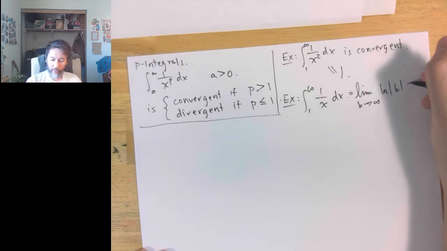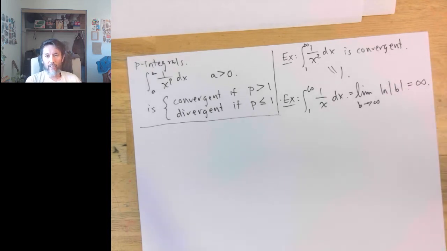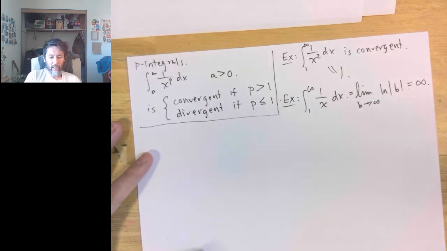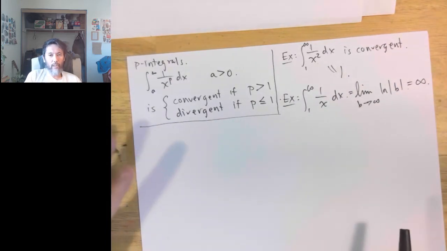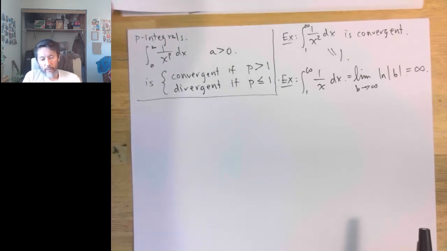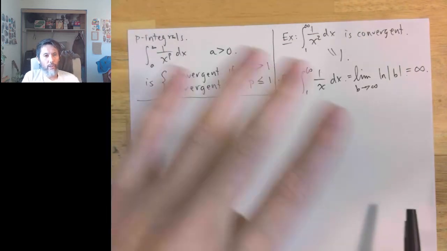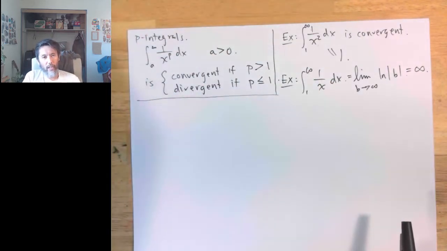And of course, this is infinity, because the natural log function has a graph that looks something like that. As b gets bigger and bigger, natural log of b grows without bound. There is no number which represents an upper bound for that natural log function.